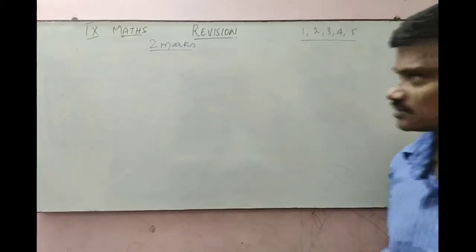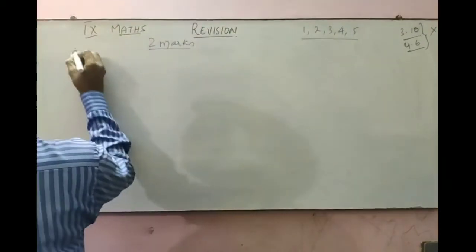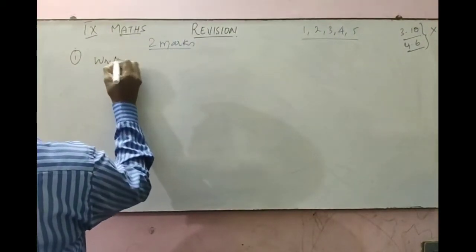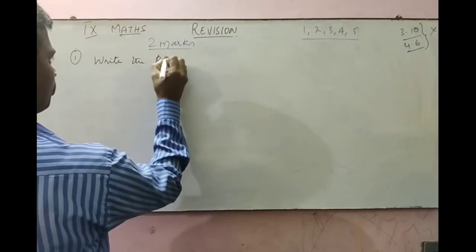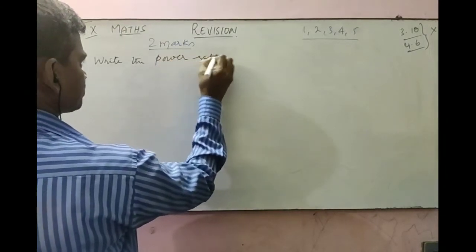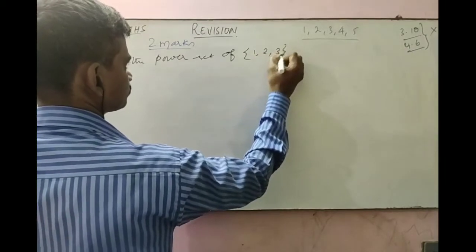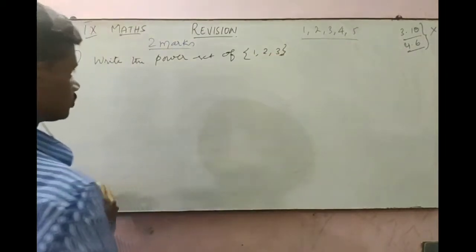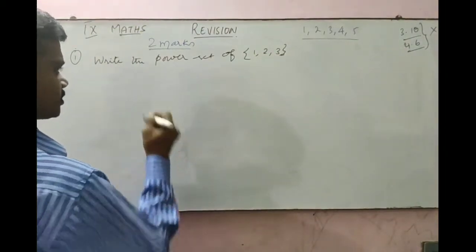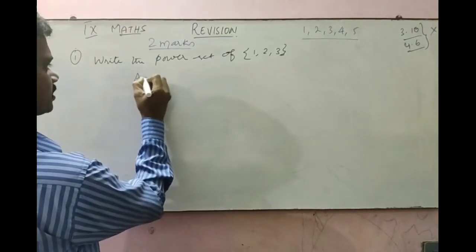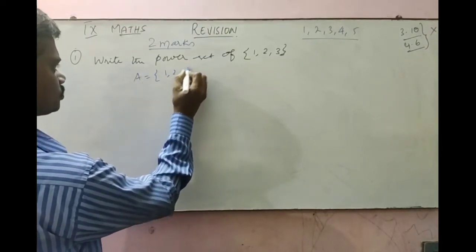The first sum is: write the power set of {1, 2, 3}. First you have to name the set as A equal to {1, 2, 3}.